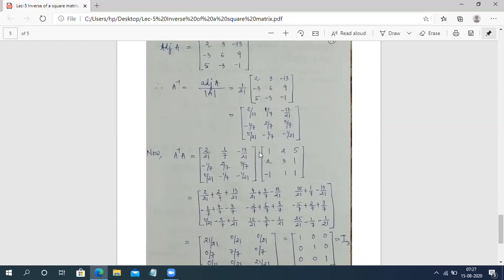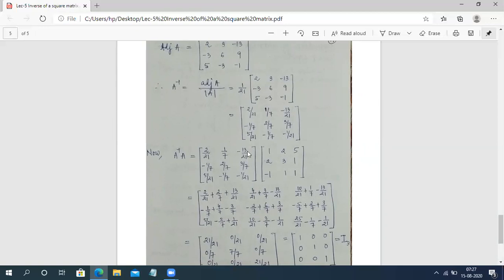First row with first column, that is 2 by 21 into 1 plus 1 by 7 into 2 plus minus 13 by 21 into minus 1. So it will give the first element. In a similar way, the first row with the second column will give the second element, and the first row with the third column will give the third element of the first row.